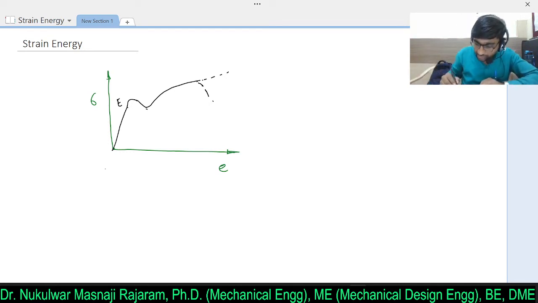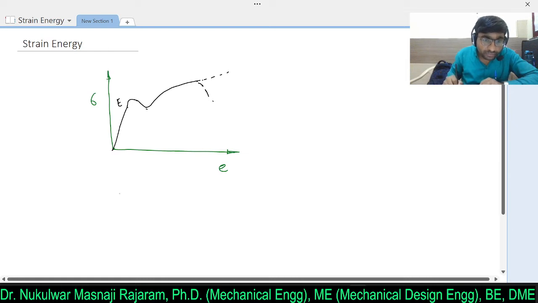Now I will take a simple example. You know the bow and arrow. Let's consider this is an arrow. Clear? Here there will be a string. Now when you stress this bow in this direction, external energy is applied on this bow and arrow.